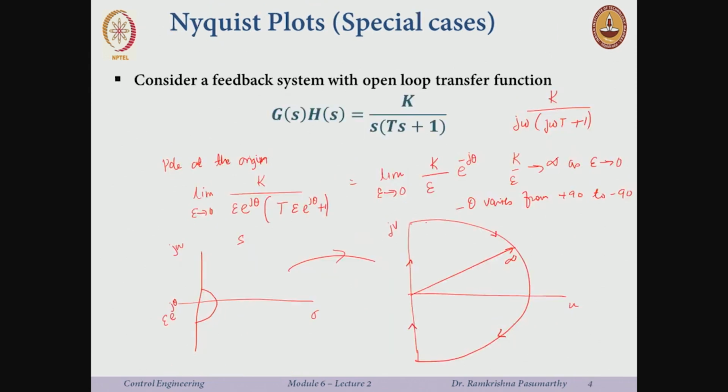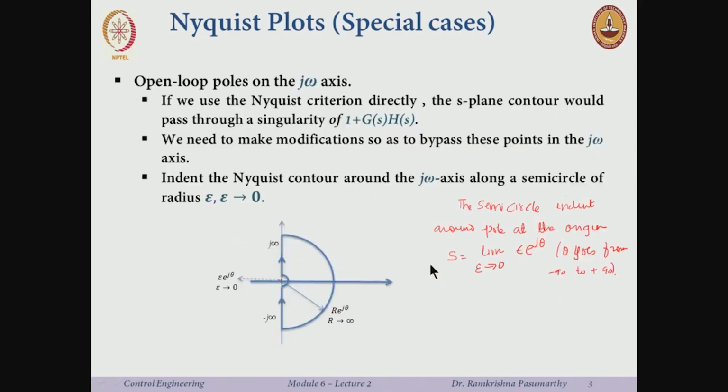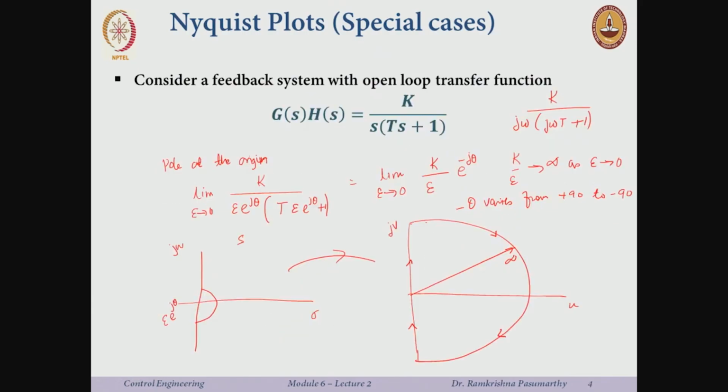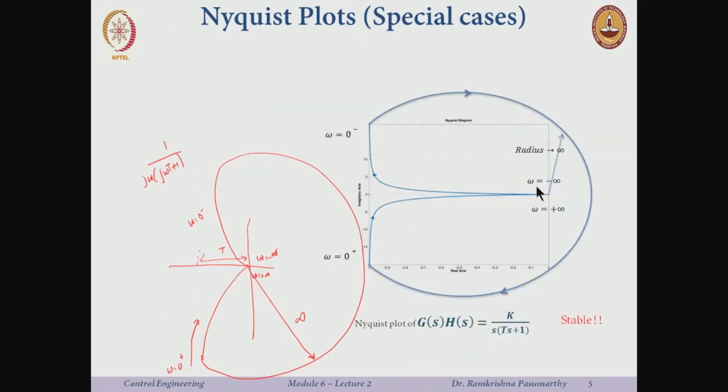This is the region I have to map now. When epsilon goes to 0, this little region also has to be mapped here. Therefore the plot is complete. I start at omega equal to 0 minus and go all the way to omega equal to 0 plus, and then to omega equal to plus infinity.